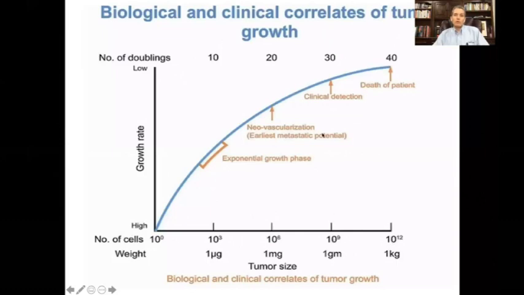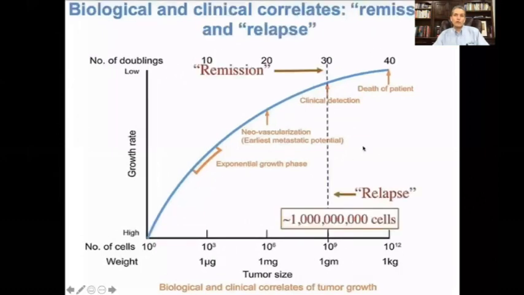Well, that's about the time that the cancer will kill somebody, because it's taking so much of the metabolic energy, it's taking so much of the glucose and everything, and life is not possible for the host and the cancer at the same time. Now, this line right here, where you have clinical detection, where you're able to discover that, okay, ooh, here's a tumor.